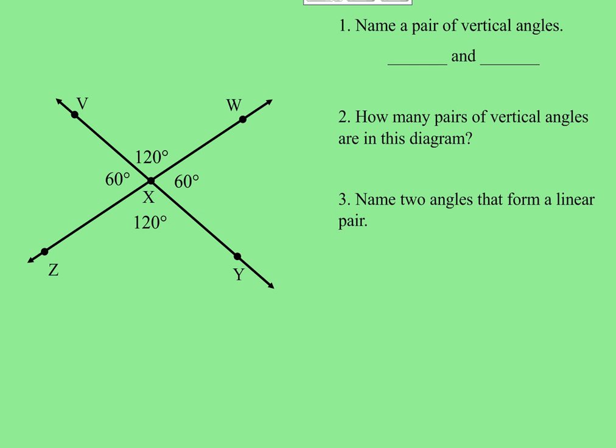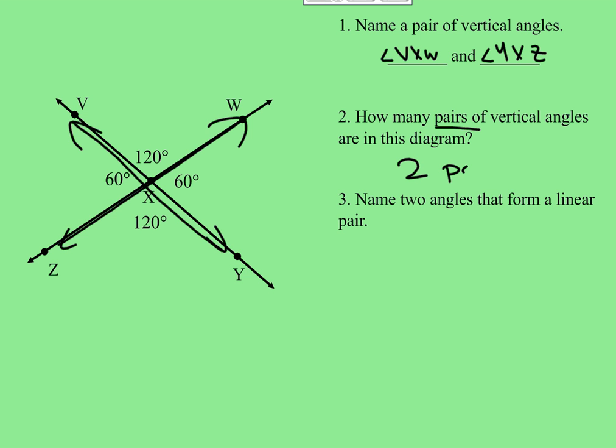So take a look here. You've got WZ, this line, crossing VX, this line. That was a terrible drawing. I'm sorry. Pair of vertical angles. So we'll go easy: angle VXW, this top one, and angle YXZ, the bottom one. How many pairs of vertical angles are in this diagram?